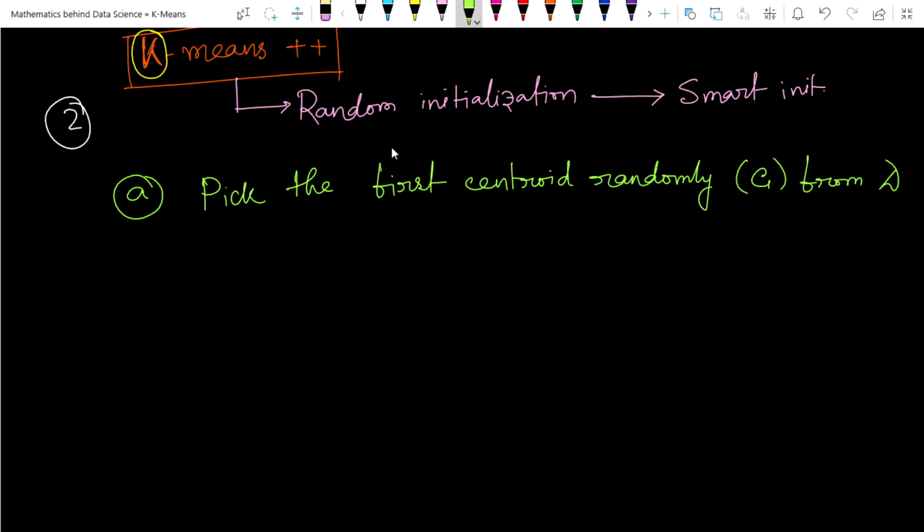Now let's see what we have to do in the second stage.